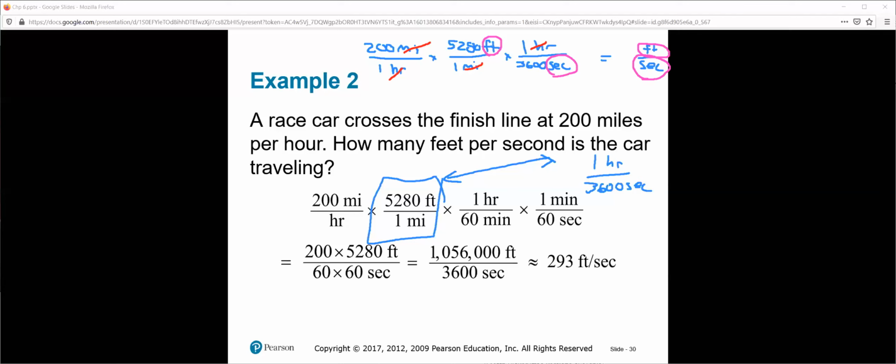The easiest way to solve this is, of course, to write it out completely, multiply straight across, which is what the corporate overlords at Pearson's did here.